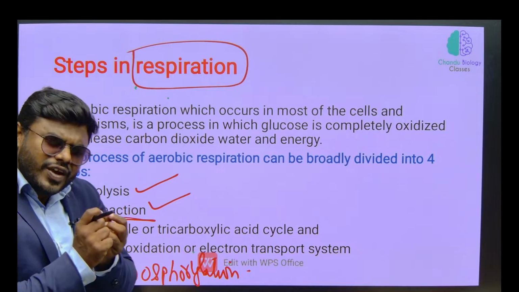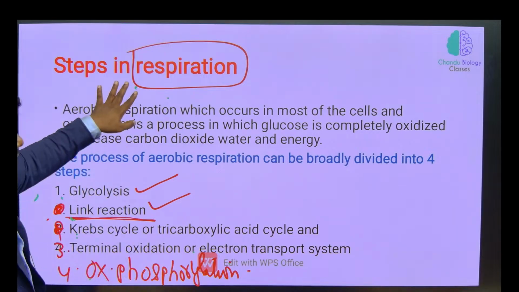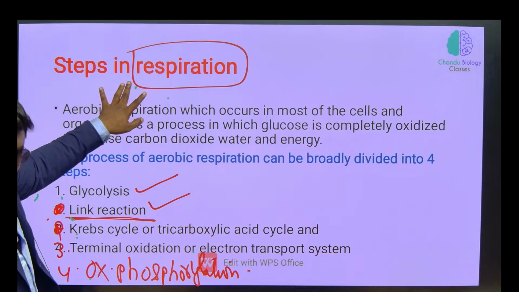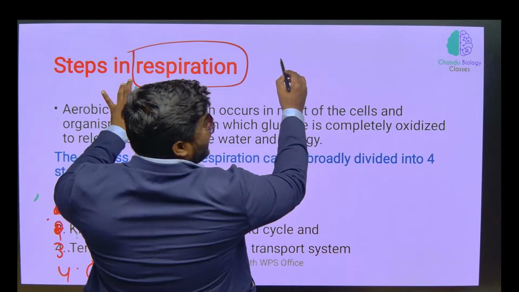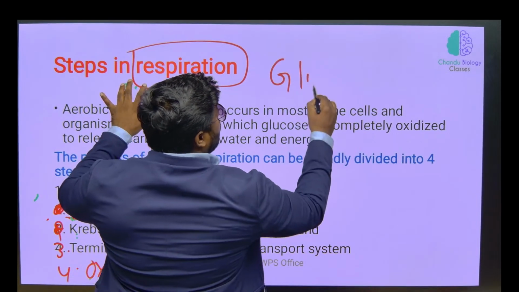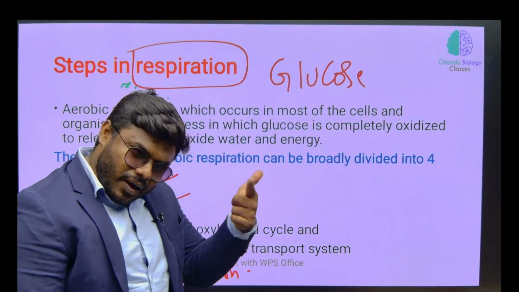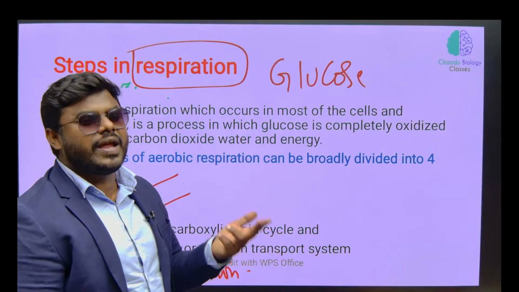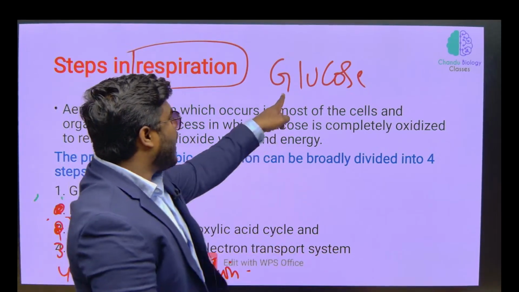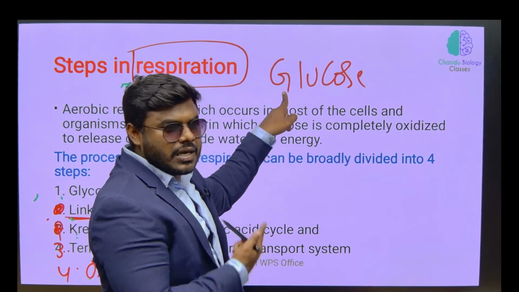In very simple words, the ultimate goal of cellular respiration is the breakdown of which molecule? Glucose. Why only glucose? Whether it is fat breakdown, protein or amino acid breakdown, or carbohydrate breakdown, ultimately what we take is glucose.